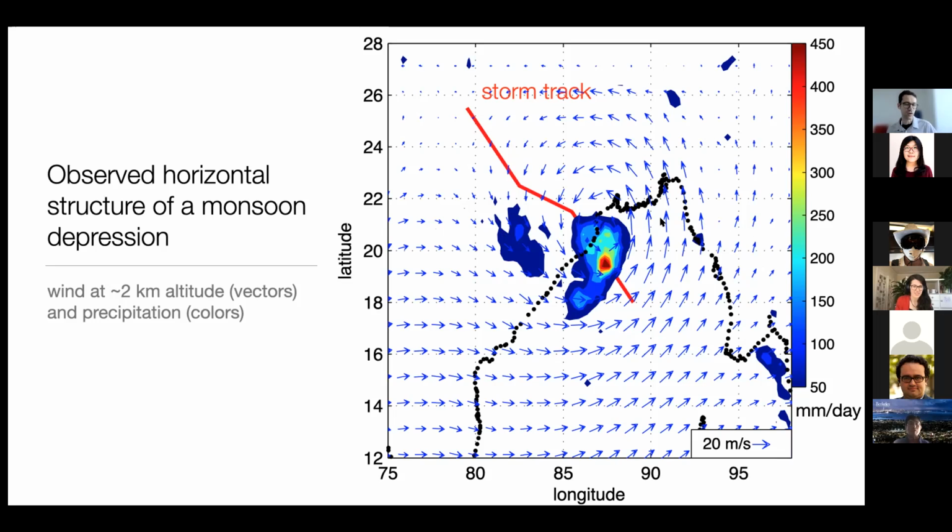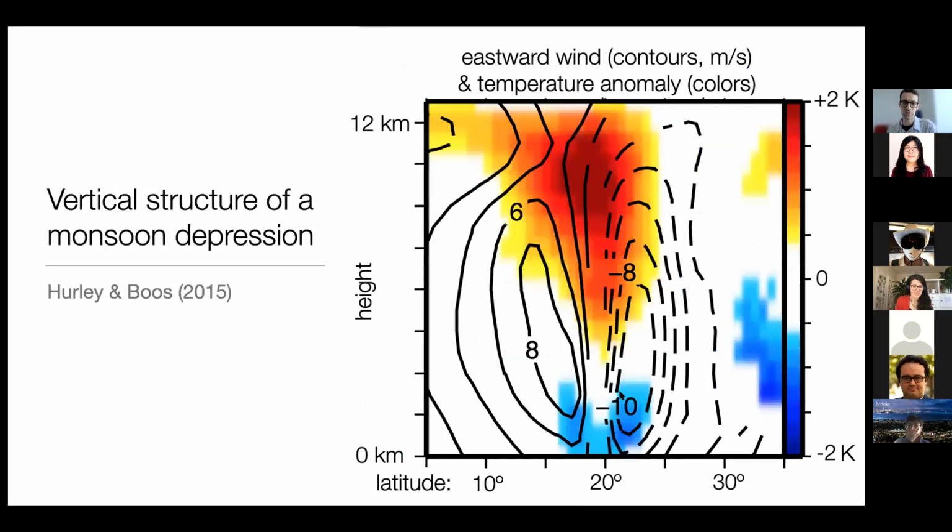The atmosphere is a 3-dimensional fluid, so these things have a 3-dimensional structure, and I'm showing you that structure here. One piece of it, at least, is a vertical slice through the center of the storm. You're seeing plotted as a function of latitude and height, going from the surface up to 12 kilometers altitude, the temperature anomaly, the deviation in temperature in a monsoon depression from the typical state.